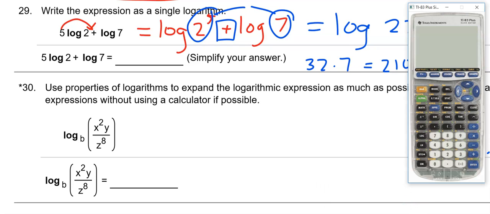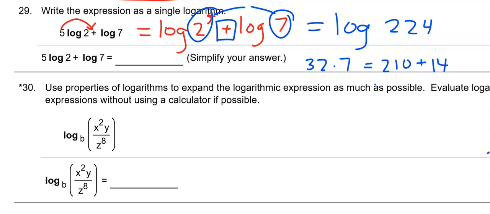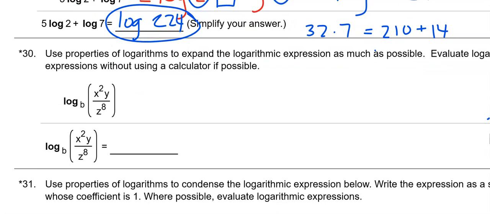I come over here and go log 224, and it's got to be more than 2, right? Yep, 2.35 approximately. All they wanted is a single log, so we're just going to stop with that. Log 224. I don't need to change this stuff to nasty decimals. Who needs that?